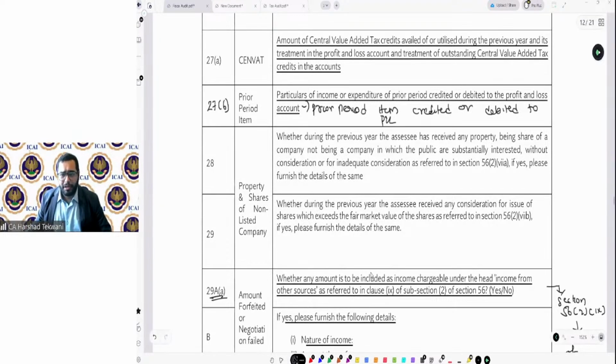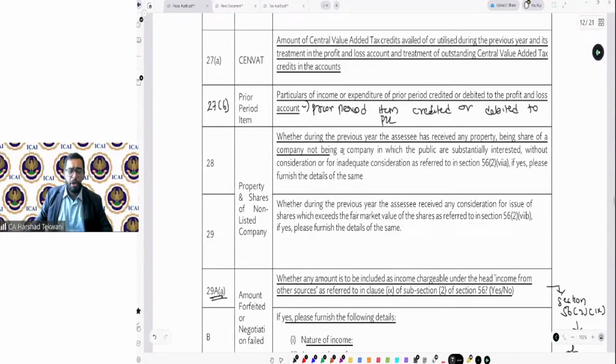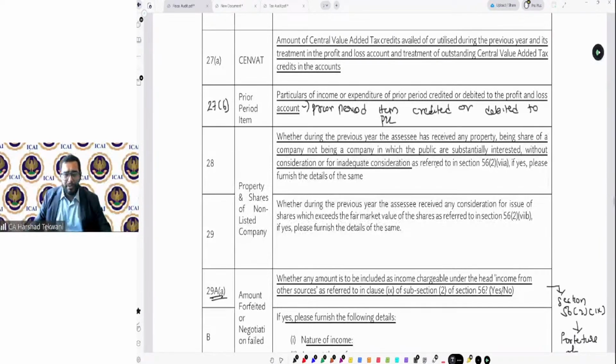Where you receive shares of a company in which the public is not substantially interested, and if you receive that without consideration or for inadequate consideration, then that amount will be treated as income from other sources. So if during the previous year you receive any share of a company in which the public is not substantially interested, without consideration or for inadequate consideration as referred to in 56(2)(x), then you need to report the details over here in clause 28.